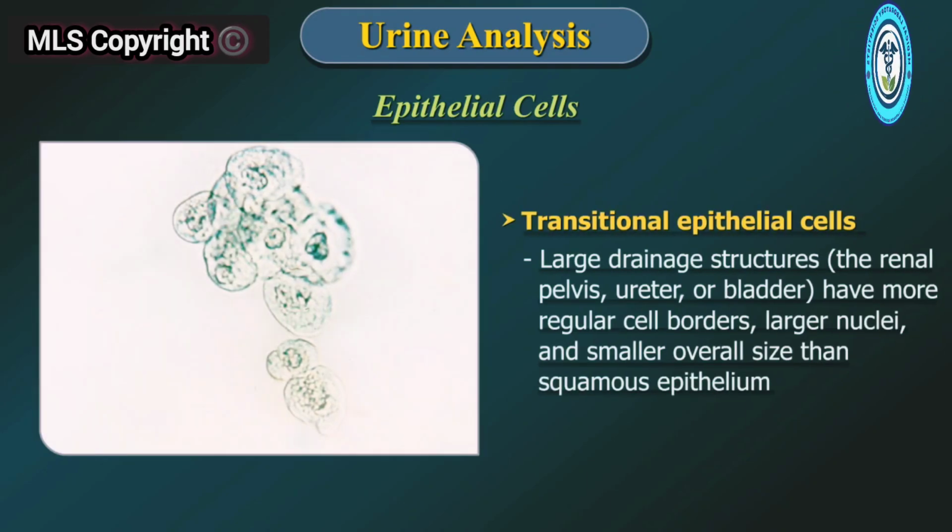Transitional epithelial cells from the large drainage structures, that is, the renal pelvis, ureter, or bladder, have more regular cell border, larger nuclei, and smaller overall size than squamous epithelial cells.